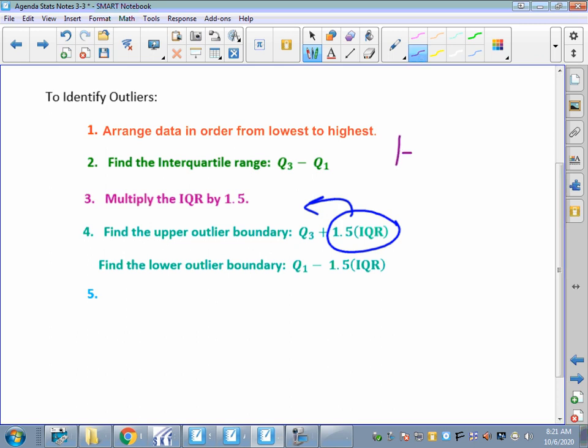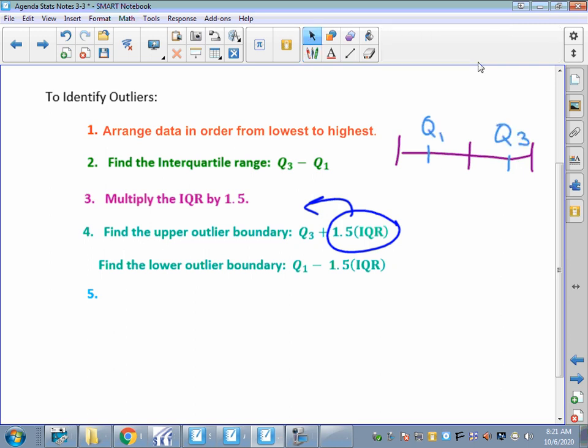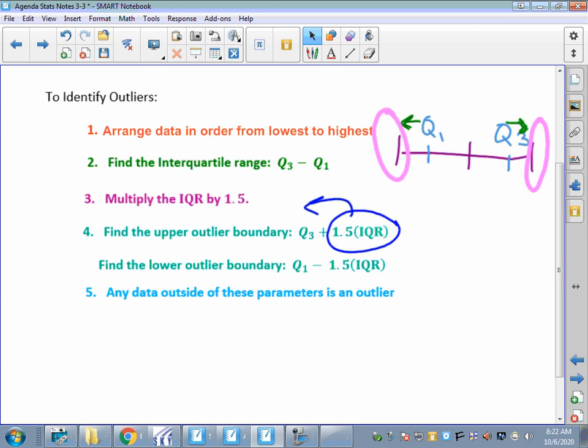So if you're a visual person, my IQR is here, right? Here's Q1, here's Q3. I'm taking the difference and then I'm adding a little bit on here. I'm subtracting that bit from here. Anything that falls beyond those values is an outlier.